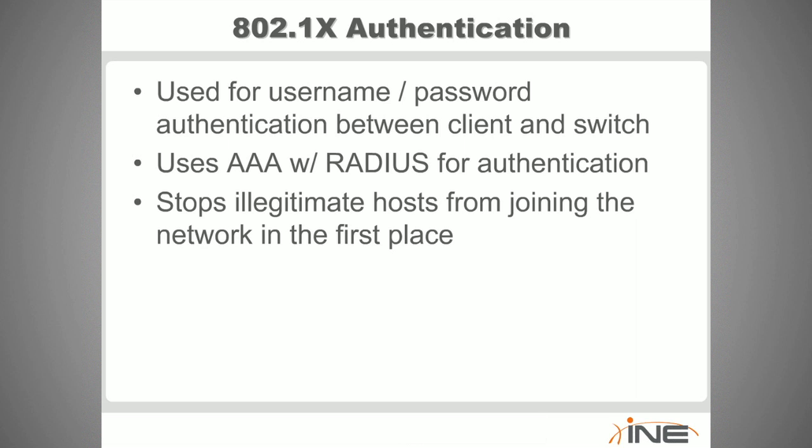Okay, .1x is used in wireless with things like EAP and Cisco's LEAP authentication to forward requests to a centralized authentication server known as AAA. So, authentication, authorization, and accounting server through the protocol RADIUS. It's Remote Access Dial-In User Service for authentication.